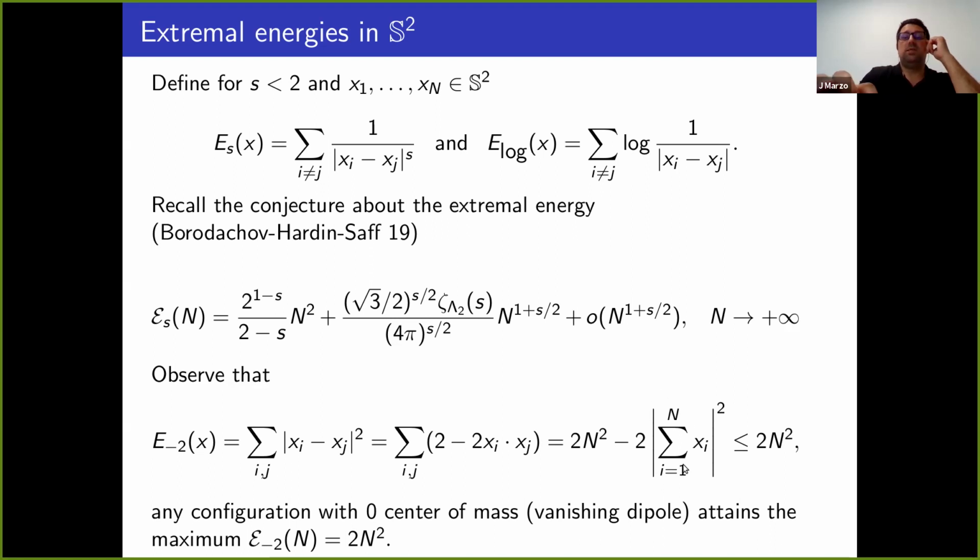And this, of course, is the center of mass. So this is minus something positive. So from here you can get that, and here we have negative s, so this is maximal. So the maximal energy in this case is going to be 2n squared. And this is going to happen precisely when your points have a 0 center of mass. So as soon as you have this property, then you will obtain this maximum.